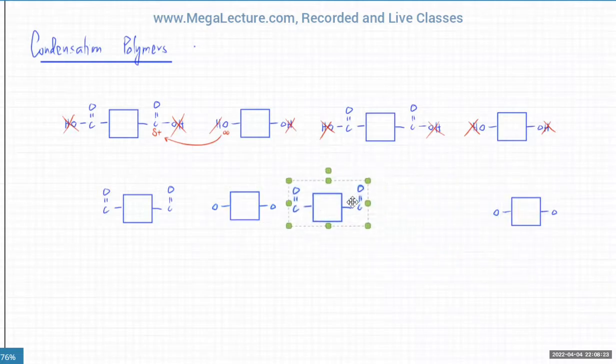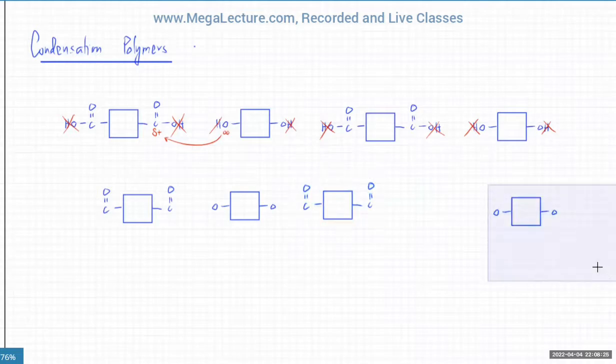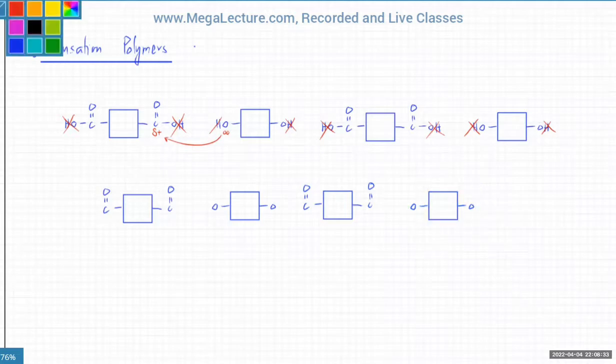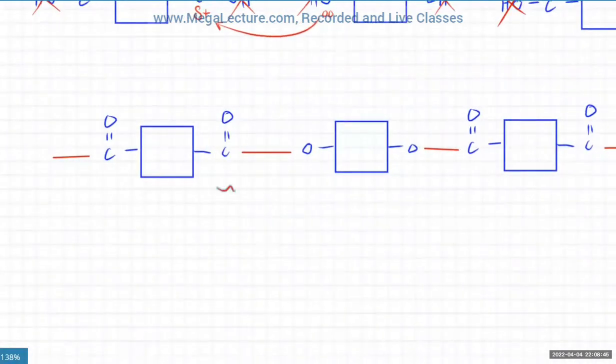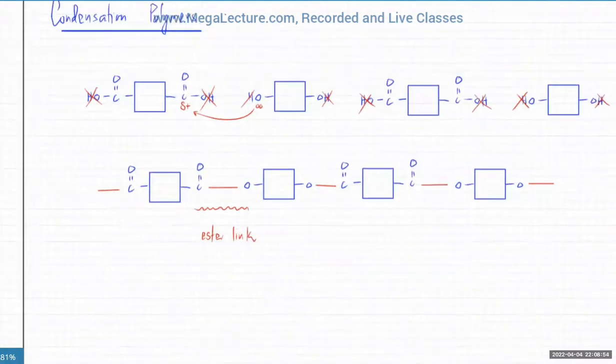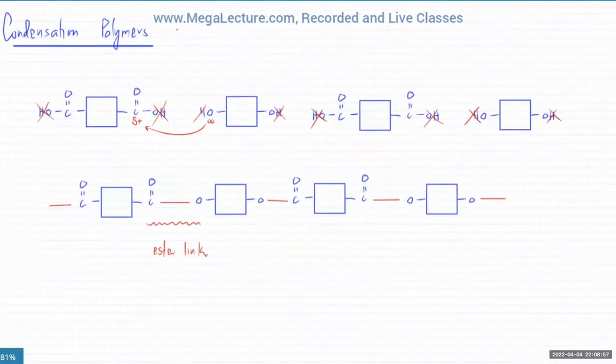So all of them are going to connect together, and they would eventually all link up with each other, forming these connecting bonds. And that's a lot of ester links. This is an ester link. So a lot of ester links are going to be produced in the middle, which is why it's going to be called a polyester.